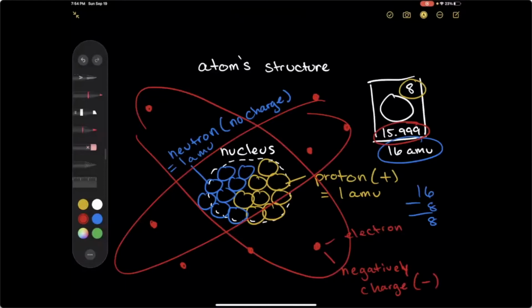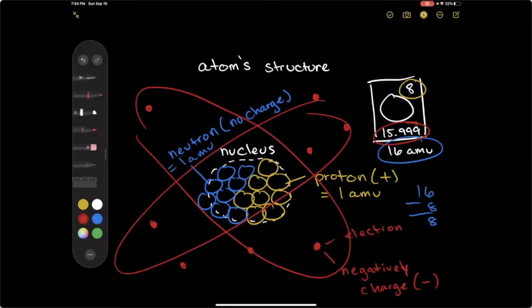So, just to recap what we learned: a nucleus has protons and neutrons. Protons are positively charged, and you can find out the number of protons you have simply by looking at the atomic number. The number of neutrons is found by simply subtracting the number of protons from the total atomic mass.